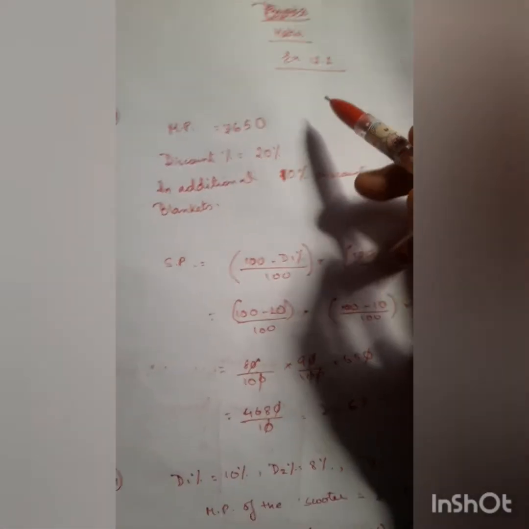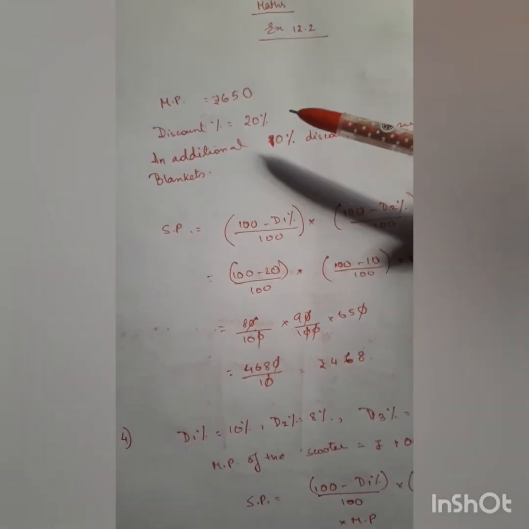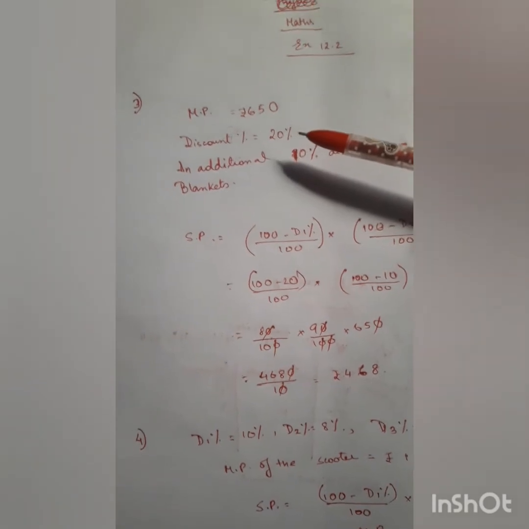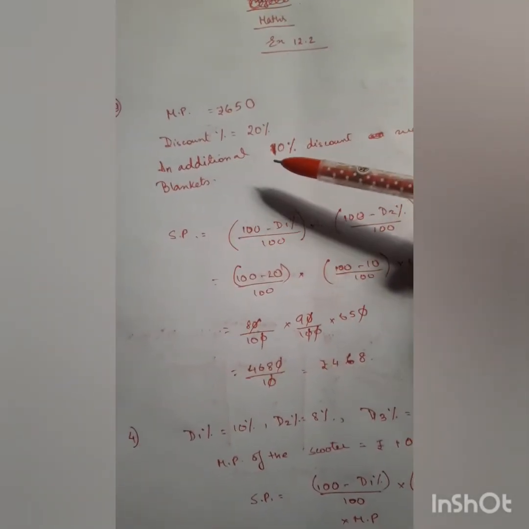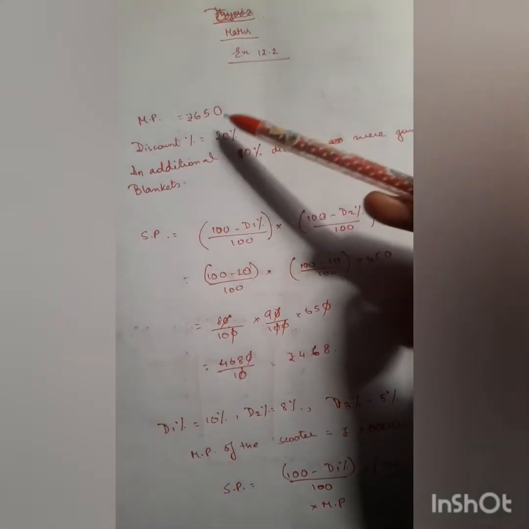In your exercise 12.2, question number 3, we have the marked price of the article given as rupees 650. Now that person, as I said, is giving a discount percentage of 20% on all items in his shop, and an additional discount of 10% was given on blankets. Now the marked price of this blanket is rupees 650.